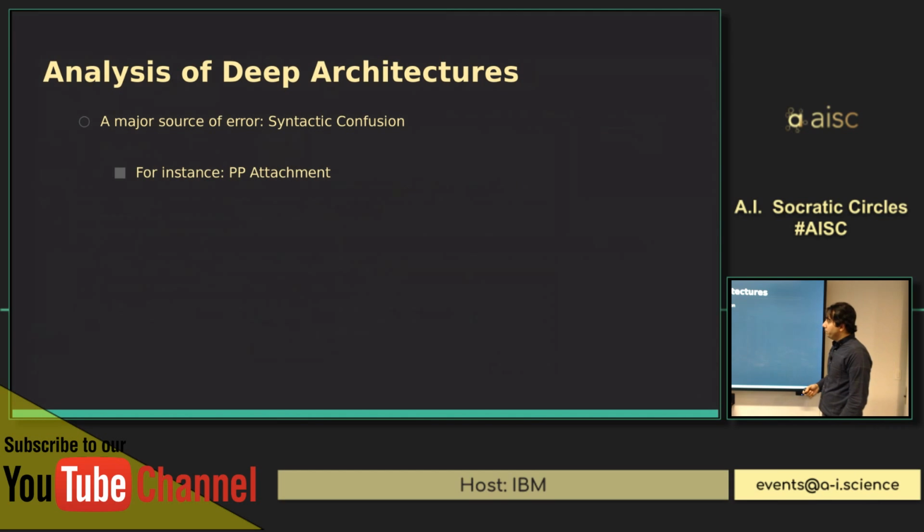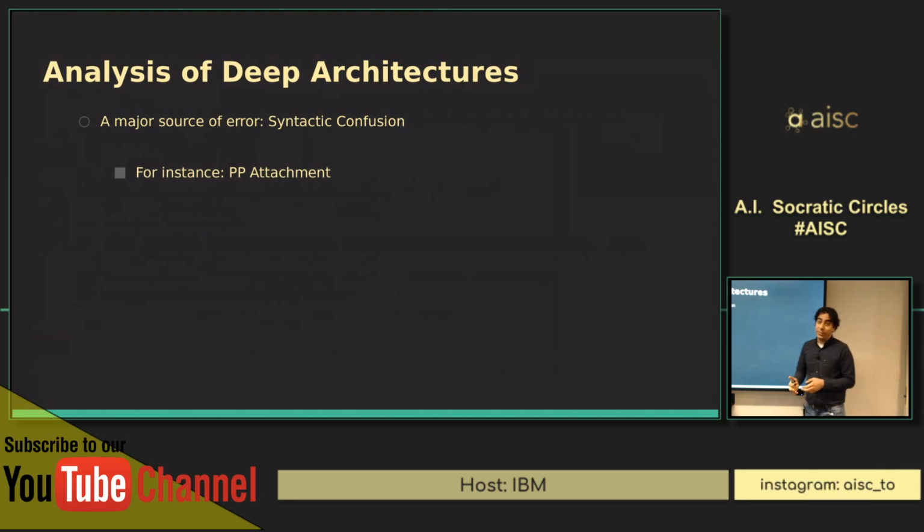Okay, so a major source of error, with analysis done in two major papers in the past, shows that if you add syntactic information, as I mentioned earlier, it really helps. Also, most of the confusion about the errors that you make in semantic role labeling is caused by an insufficient understanding of syntax, right?